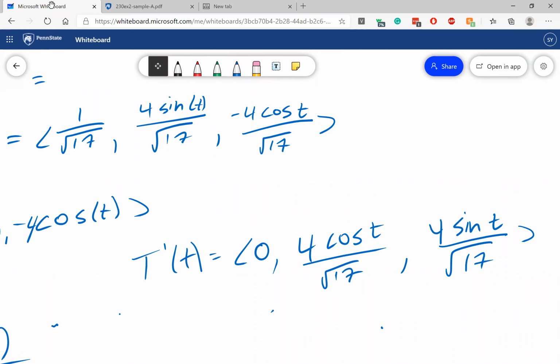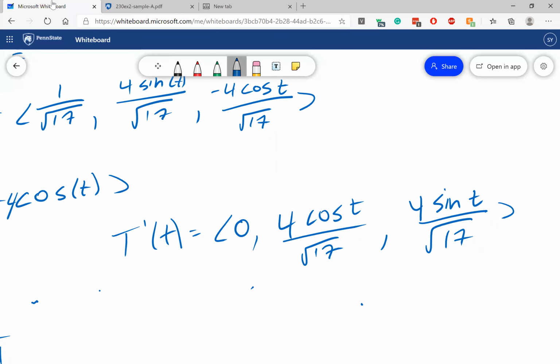The magnitude of T prime of t, you square these, take the square root, and end up getting 4 over the square root of 17.